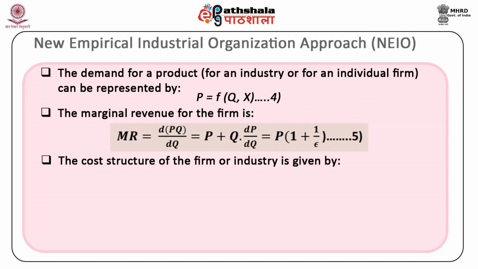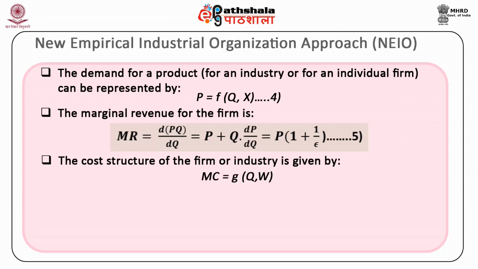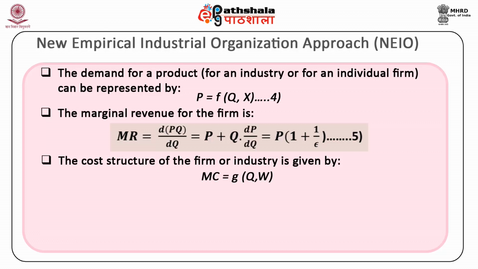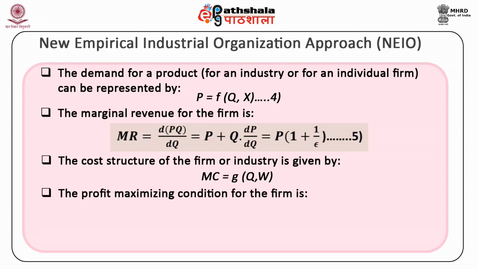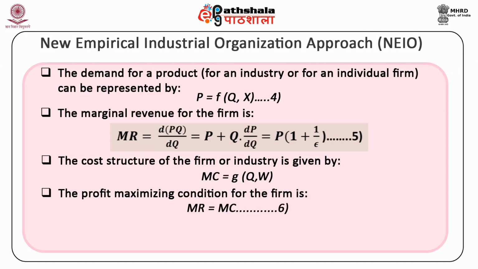The cost structure of the firm or industry is given by MC = g(Q, W), where W represents variables that are likely to influence cost, such as input prices. The profit maximizing condition for the firm is MR = MC.